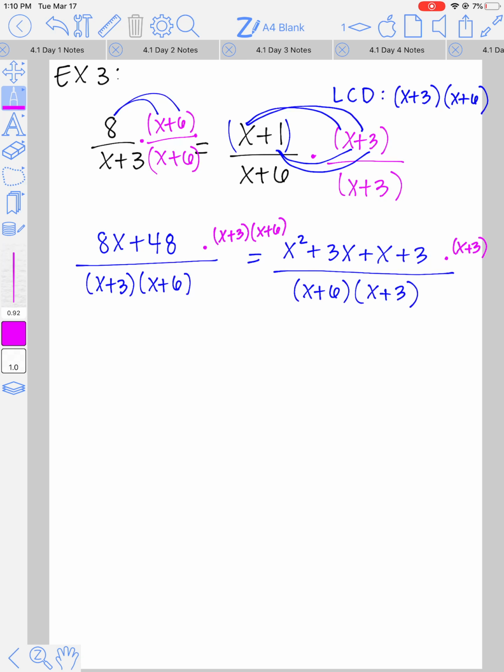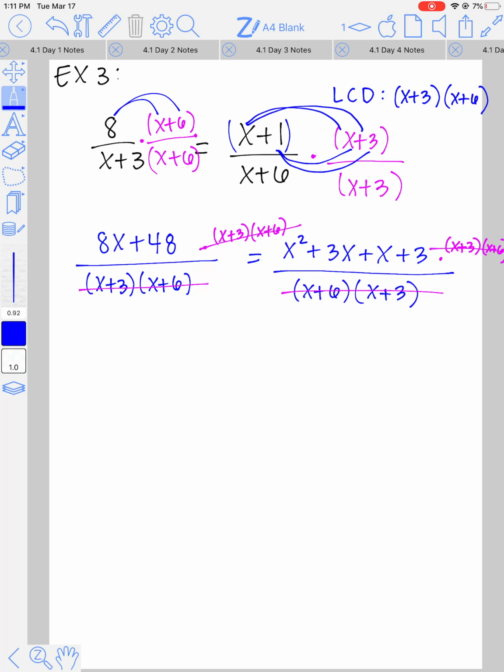X plus 3 and x plus 6. That's going to be super squished. Let me try that again. X plus 3, x plus 6. Well, that wasn't much better. Okay, anyway, so when we do that, it's going to cancel out our denominators.